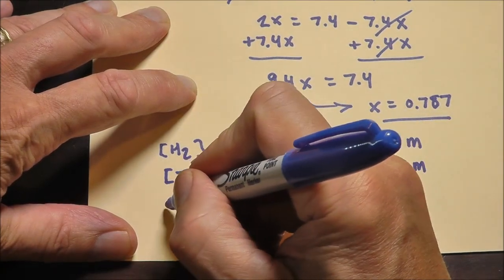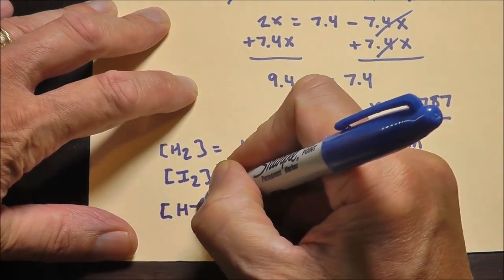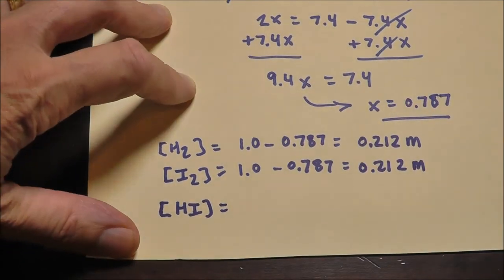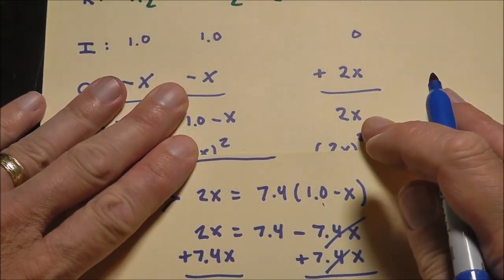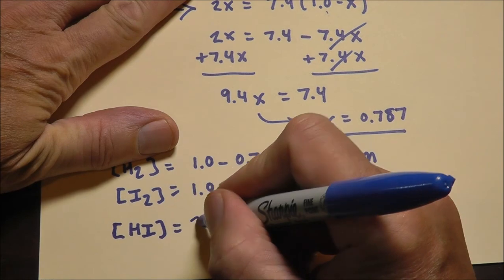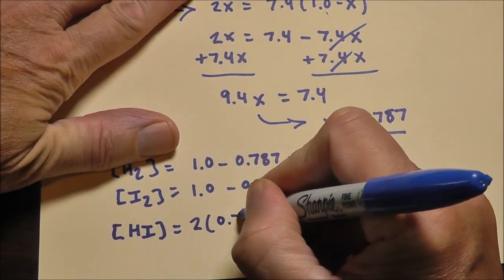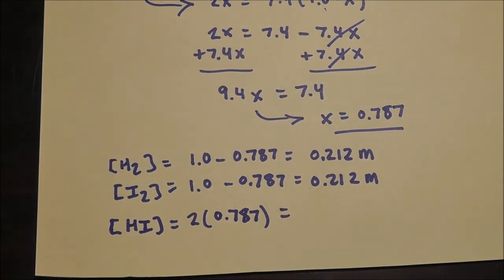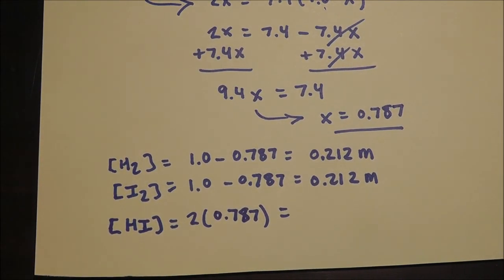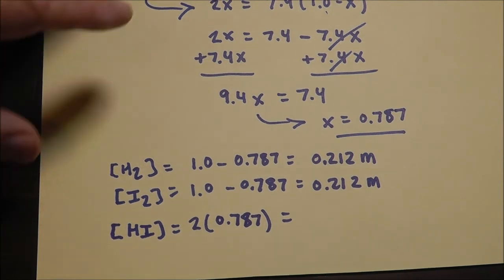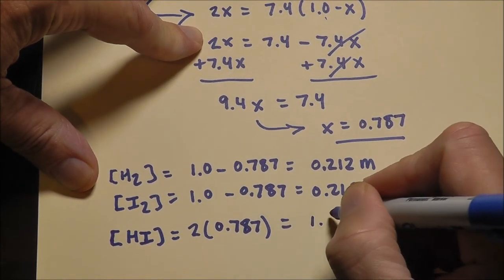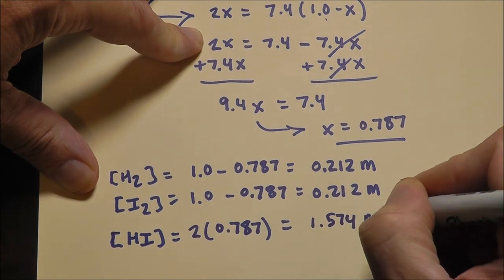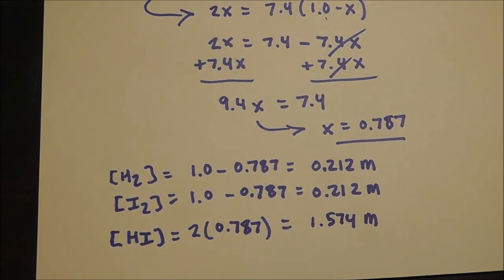What is HI? Going back and looking at our RICE table, HI is 2x at equilibrium, so it's 2 times 0.787. Now, I got a beautiful way for you to check yourself after we're done. 1.574 molar. That is our answer. And I'm not going to just be happy that I arrived there.